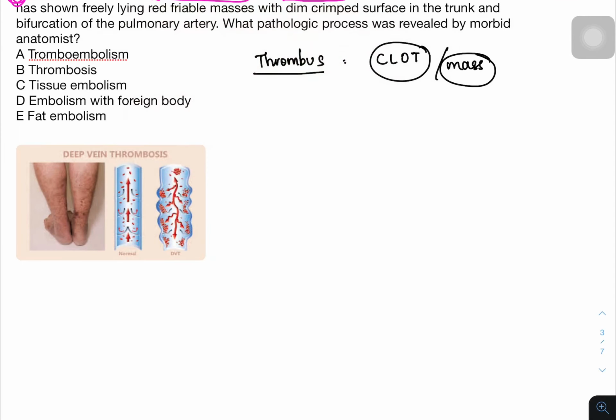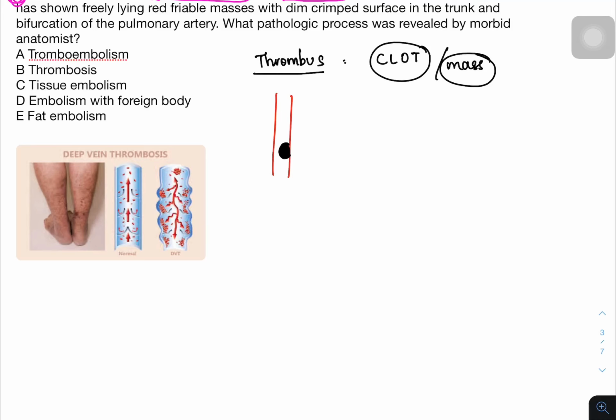For example, this is your blood vessel, right? And within this blood vessel, if some type of mass develops, this mass is called a thromb or thrombus.